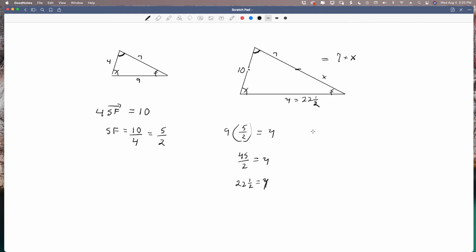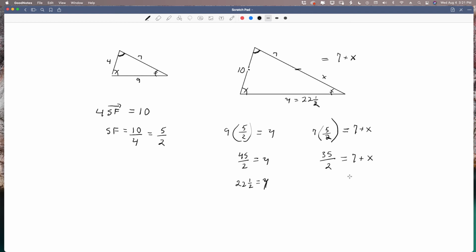So 7 times our scale factor is going to give us 7 plus x. That's going to be our answer. Because it's not just x, it's the whole thing. It's 7 plus x. Right, so let's look at this. We have 35 over 2 equals 7 plus x.